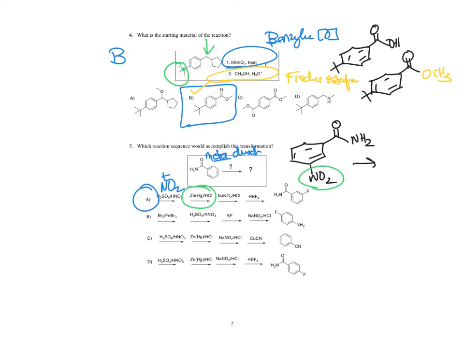So the next step would reduce that nitro to the amine, NH2, the aniline. And then the sodium nitrite, HCl, that is going to make your diazonium salt.